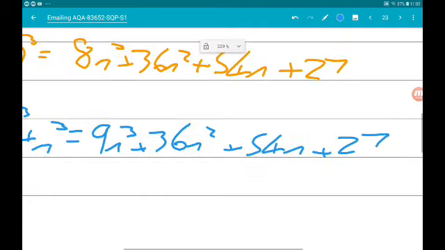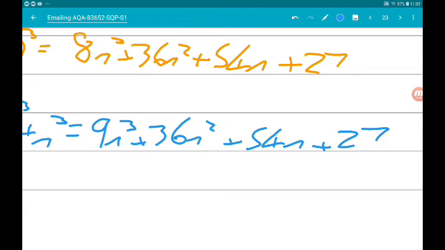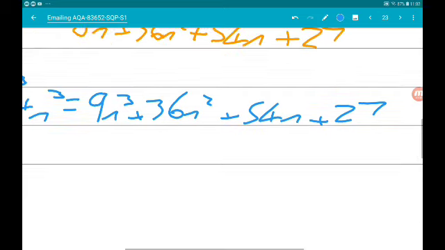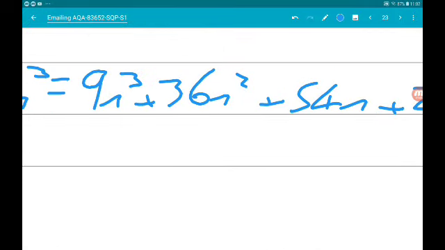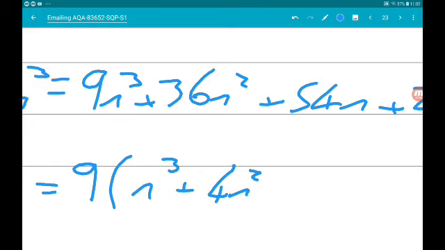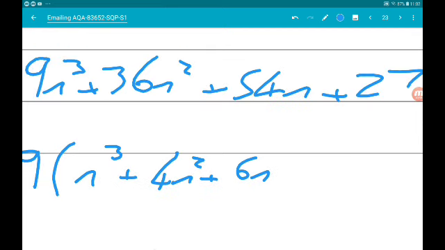Now, how can we show then that this is always divisible by 9 for integer values of n? Well, we factorise. So we do here have a common factor of 9. So we can write this as 9 times n cubed, add 4n squared, add 6n, add 3.